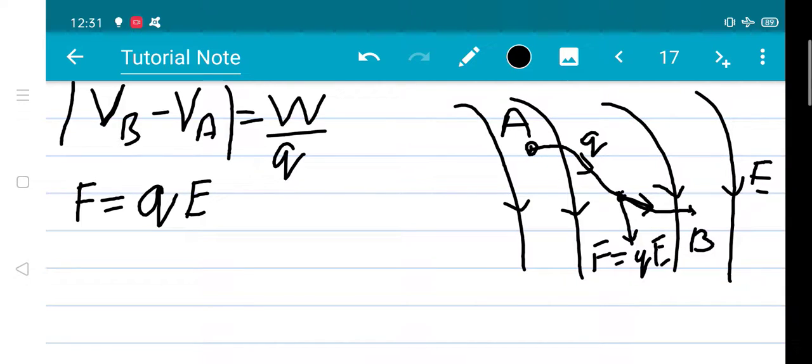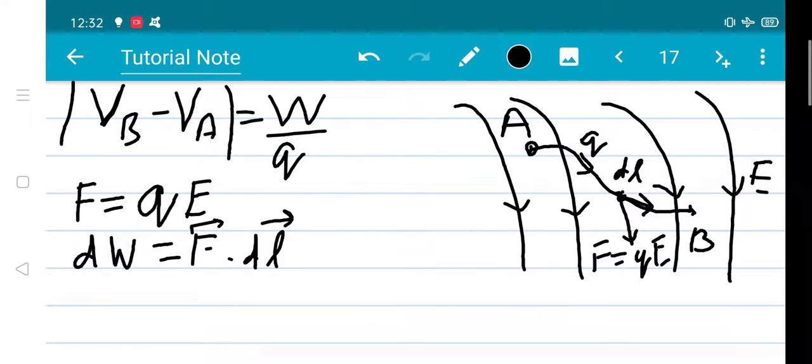So from this and using the equations, we can find out the total work done on this charge. To shift this charge by a small distance dl, a small work done dW is done, which will be given as F dot dl.